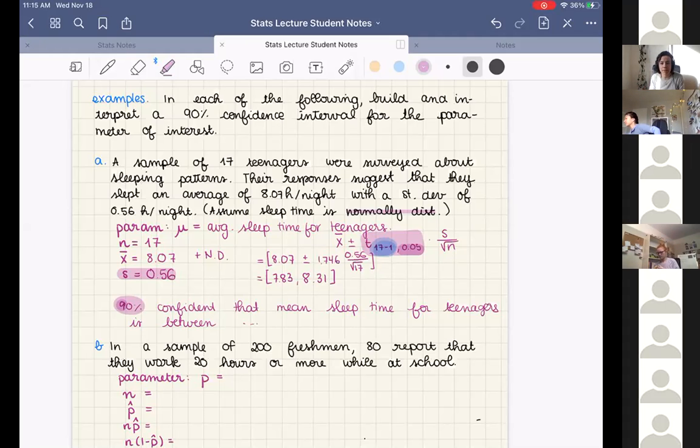But if you were to do something like medicine, then you would have to have a higher degree of confidence. So you would have, let's say, 99.9%, and so on. But it's arbitrary. Which is why every time that we are doing something in class, I will ask you specifically what I want.